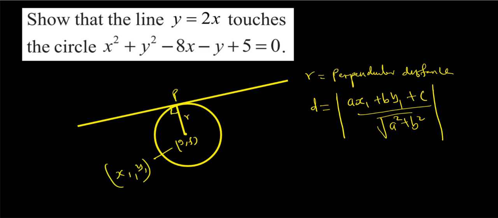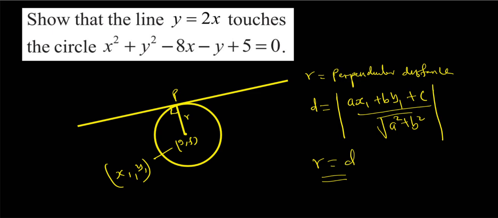A, b, c are the constant coefficients of x and y from the tangent line. So this is where we have the connection that r equals d. As long as you consider the center, radius, and the tangent line to a circle, r will always be equal to d. This concept is very useful and solves many problems.